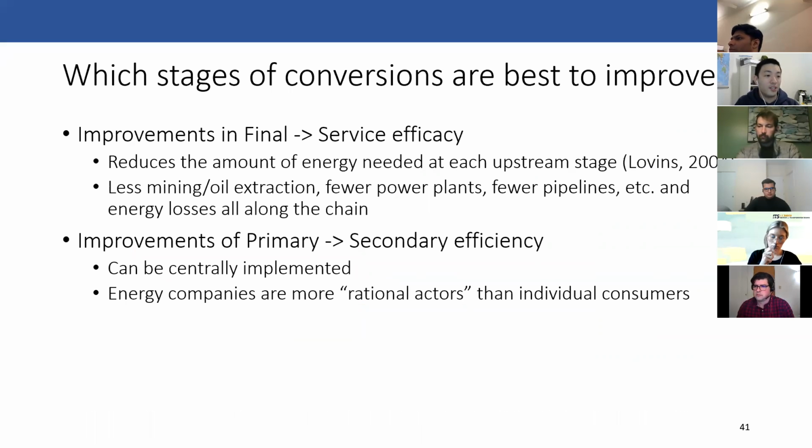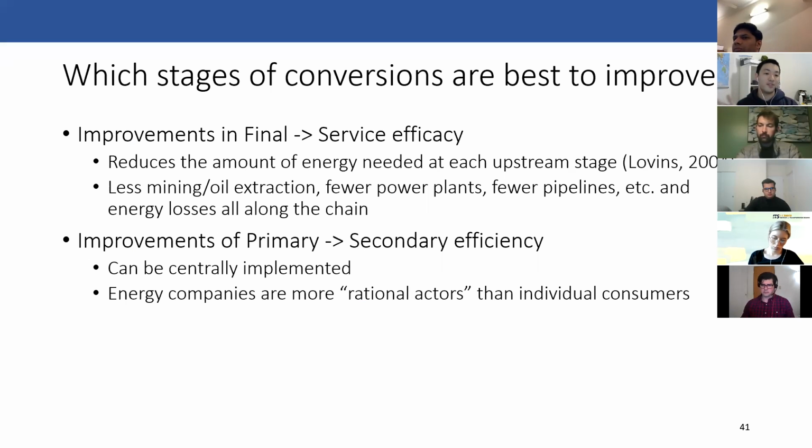So if I were to do improvements in final to service efficiency, you actually reduce the amount of energy needed at each upstream stage. And I'm going to show a really striking example of this in a second. But this would essentially be like, okay, if I were to improve the efficiency of the light bulb itself or of the AC unit, that would be this step, right?